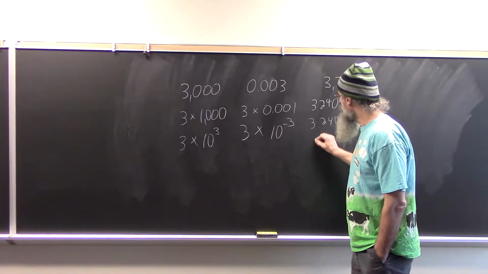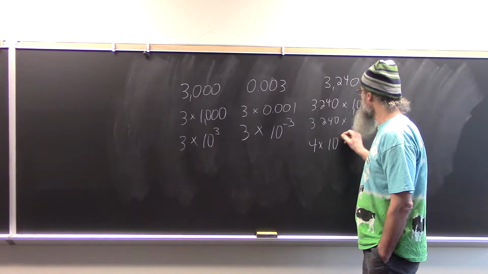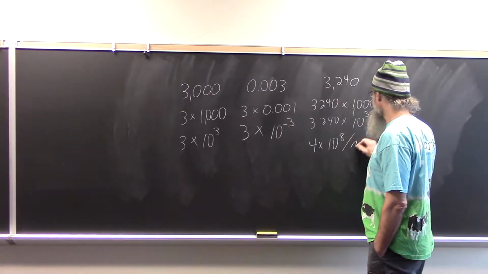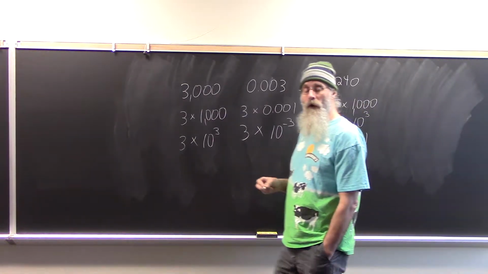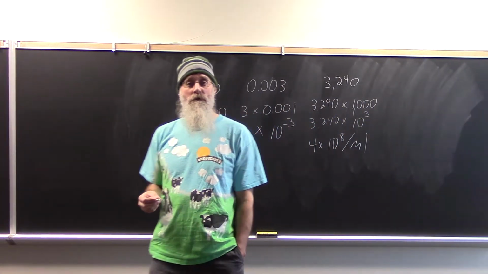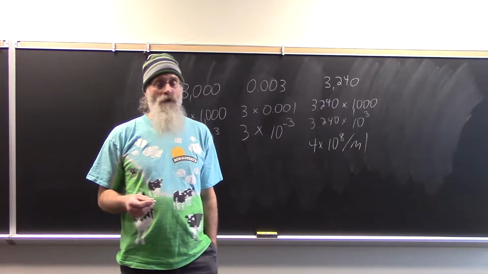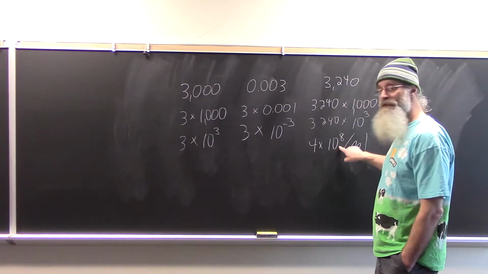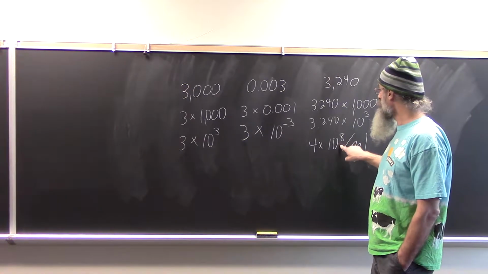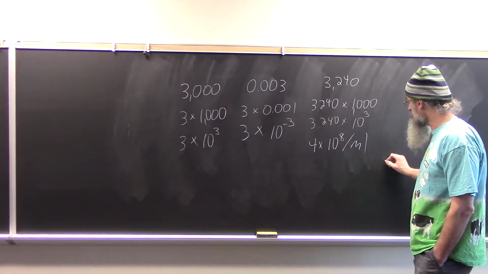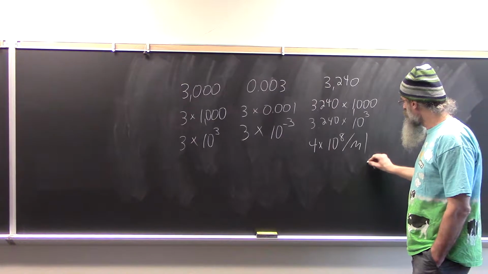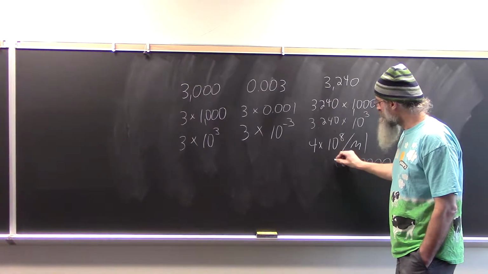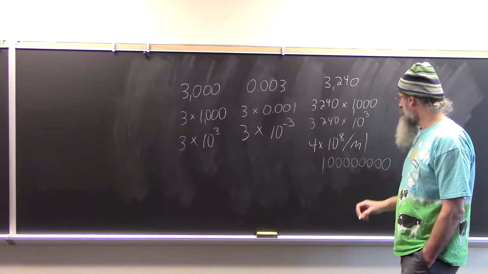If we had 4 times 10 to the 8 cells per ml, what would that be equivalent to? Well, the answer is that it would be equivalent to whatever that is times 4. What is that? Well, that's going to be 8 zeros. 1, 2, 3, 4, 5, 6, 7, 8, and then a 1.